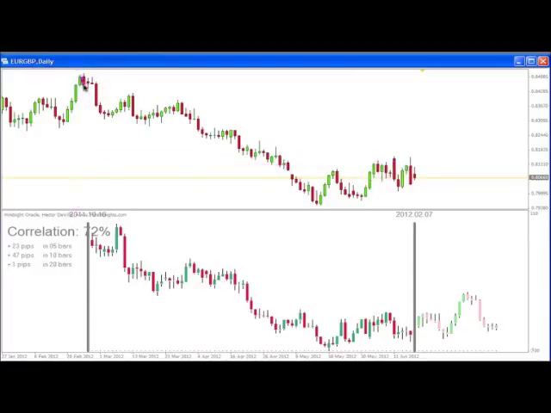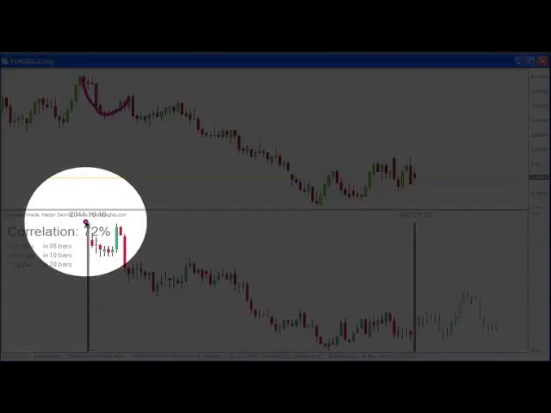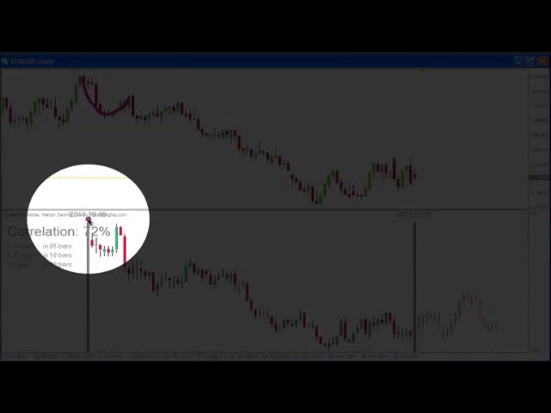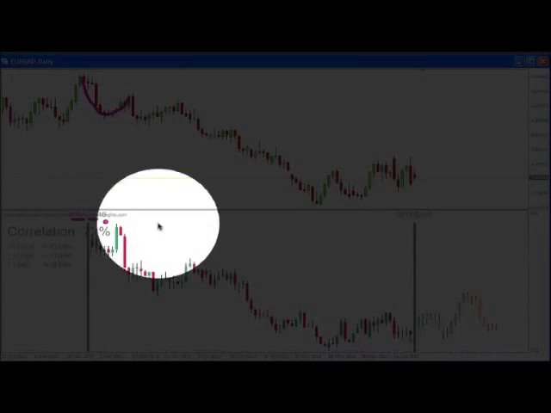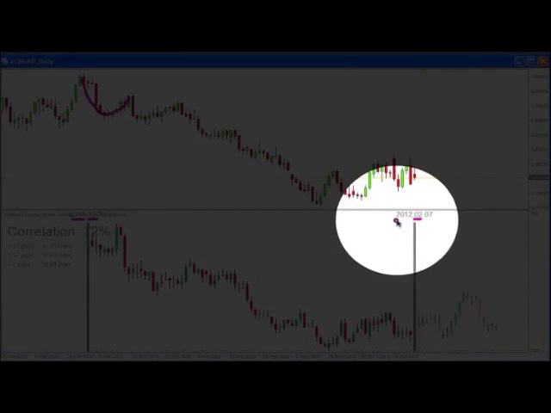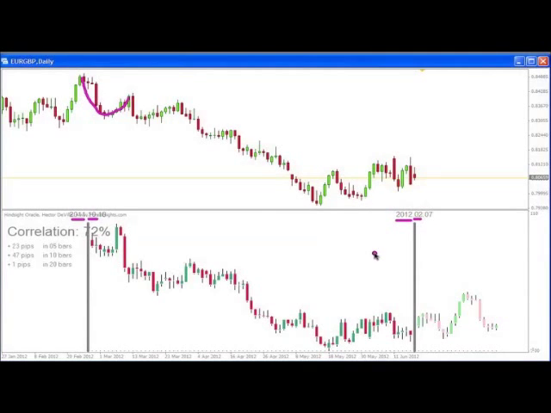So we've seen here some sort of a U formation, okay? And the indicator here, all the way from October 2011 to February 2012, found a similar price pattern, at least a 72% similar price pattern, right? Since that's obviously the correlation factor.